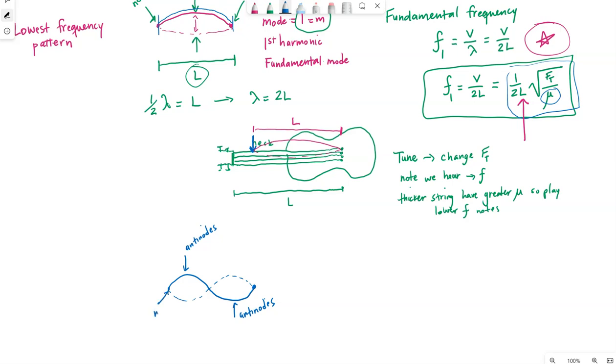The ends are still nodes, but we also end up with a node in the middle. This is considered the second harmonic or second mode.